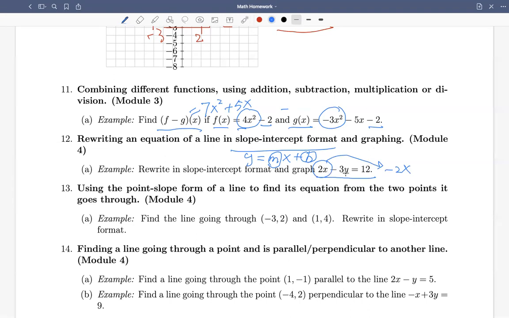We get negative 3y equals 12 minus 2x, or negative 3y equals negative 2x plus 12, because 12 is positive, so it's plus 12. Then we divide by negative 3 on both sides.